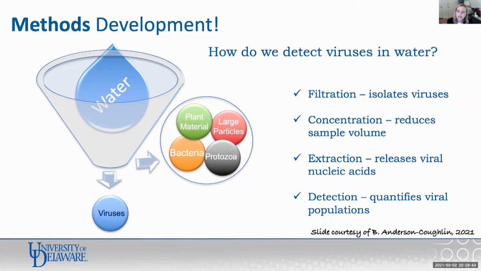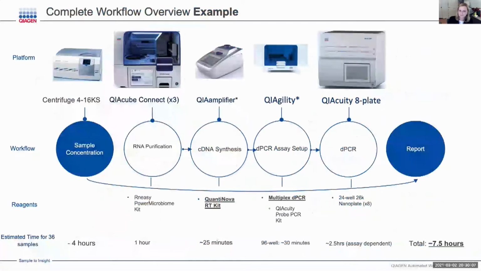And so pretty typically, while there are still different ways to do this, we're looking at a filtration step, a concentration step, an extraction step, and a detection step. And in most cases with the wastewater, there's a pasteurization step to start off. So a heat treatment at 60 degrees C for about 60 minutes, just to reduce the risk of working with these samples. And this is an example of one of the workflows that has been designed.